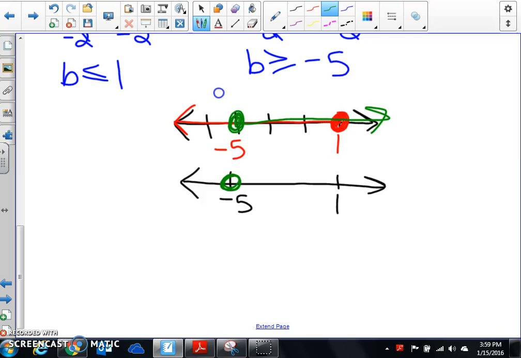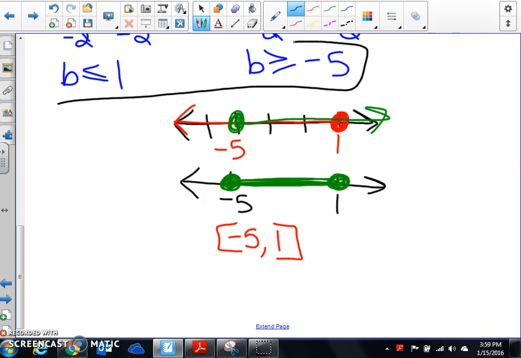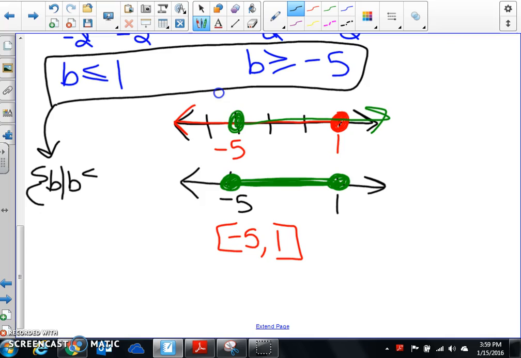My intersection is all the numbers in between negative 5 and 1. If I wanted to write that as interval notation, I would go to bracket negative 5, 1 bracket. And then I can make that into set notation as well: b for all b's less than or equal to 1, and b is greater than or equal to negative 5.